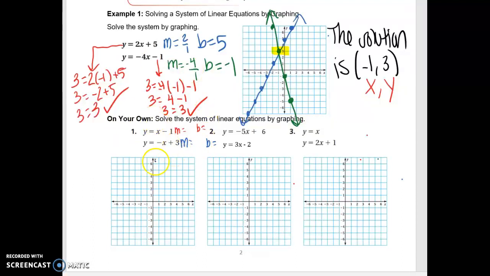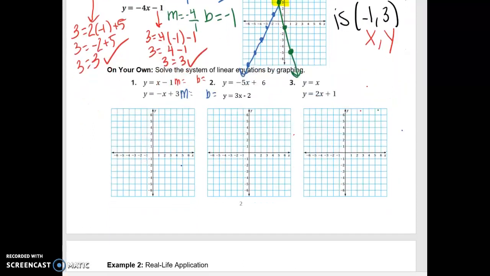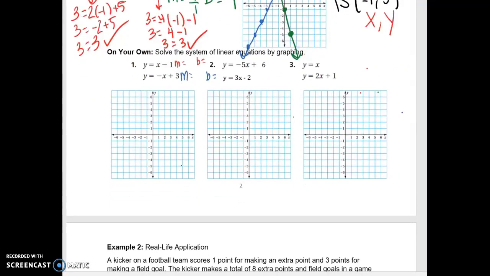But it might be helpful for you. And then you're finding the point where they intersect. Remember though, whenever you see an x, that's the same thing as saying 1x. So if you want to go ahead and already mark the ones in front of all your x's, that might be a good idea. And then this one, the y-intercept is like a +0 because there's nothing behind it.